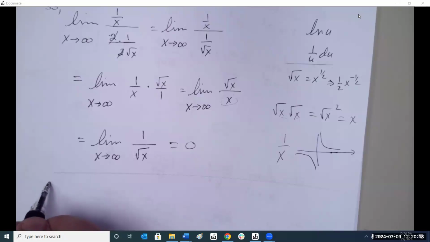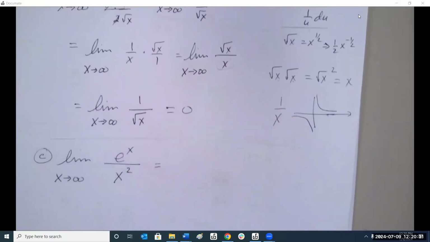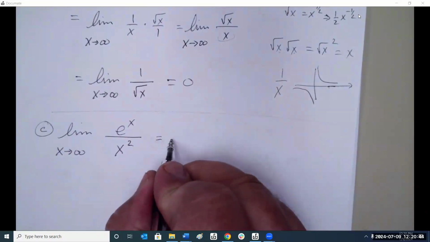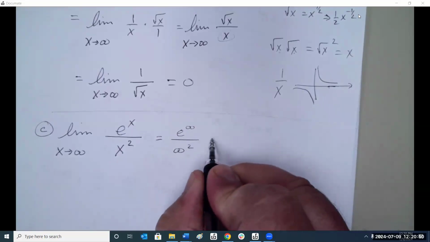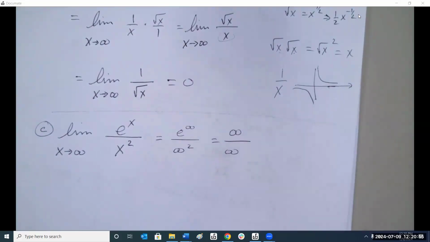And then C. Another one to infinity. E to the power x over x squared. So our first step: e to the power infinity is infinity, infinity squared is infinity, so we can use L'Hopital's rule.